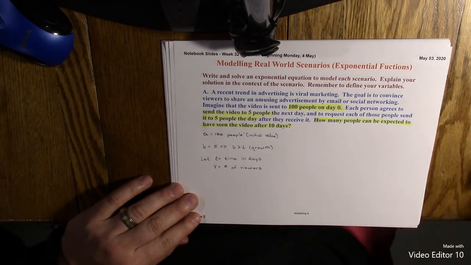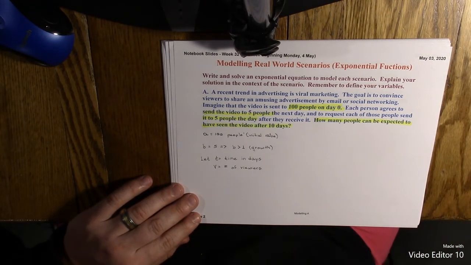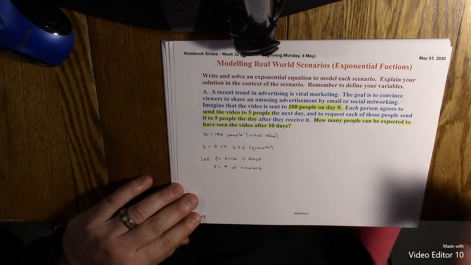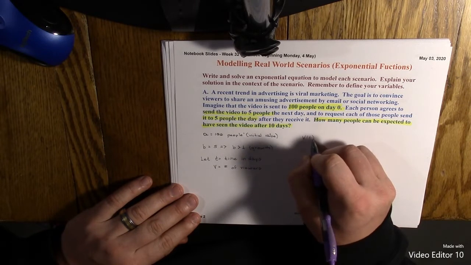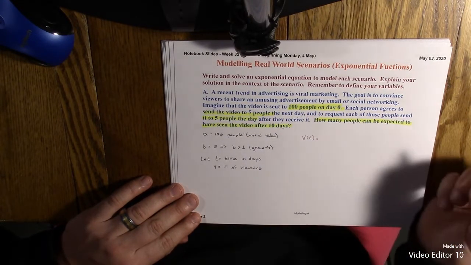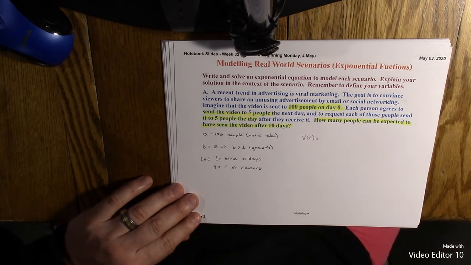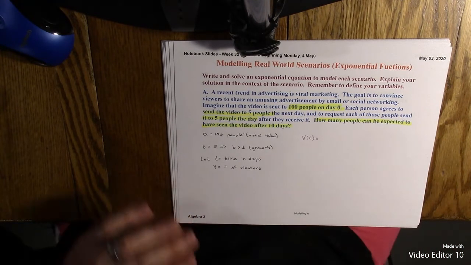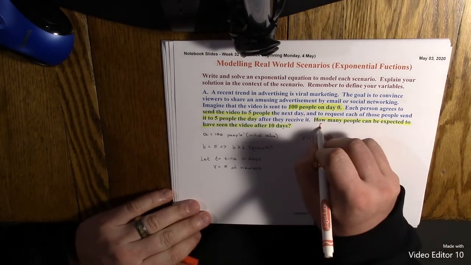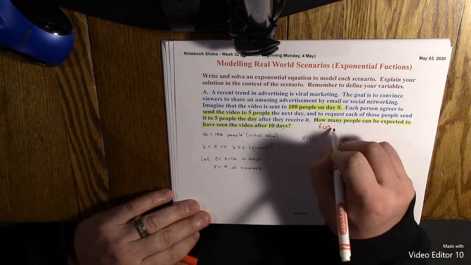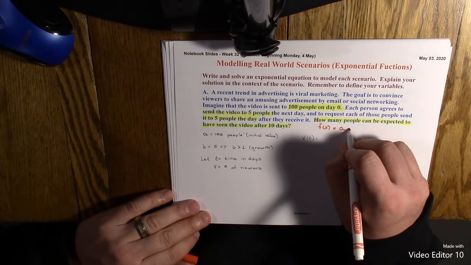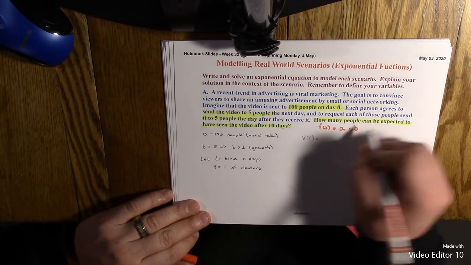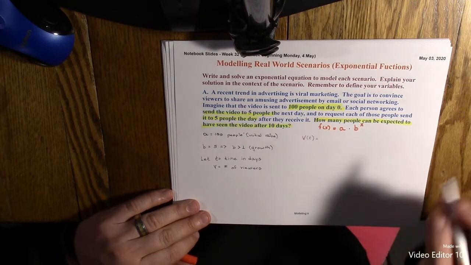So if we write this function, we know that v of t, because our function is based on time, okay? All exponential functions, as you recall, any exponential function, f of x, as we said in the last video, has to be in the format of a, the initial condition, times the factor raised to the variable.